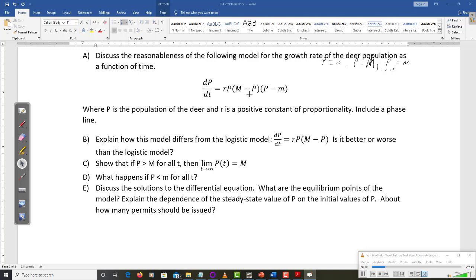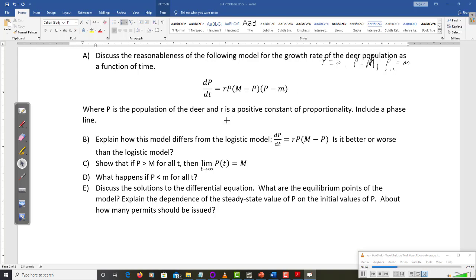It must be decreasing everywhere above m. So it can't have a limit that's higher than m, because if you started at that limit, it would still have to decrease from there, and it couldn't if it was at there. So it must decrease towards m.